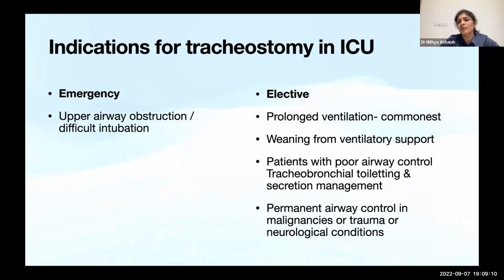It can also be done when there is difficulty in weaning a patient off ventilator support. Also, if the patient has a neurological condition where airway control is poor, and if they require tracheobronchial toileting or secretion management, tracheostomy should be done. And sometimes permanent airway control is needed in malignancy or trauma conditions.